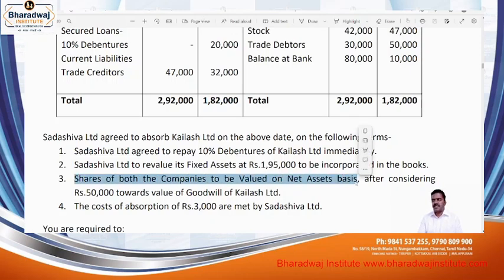Net asset basis. Valuing the shares based on net assets, we call it intrinsic value. Intrinsic value is nothing but net assets available for equity shareholders divided by number of equity shares. Please note.